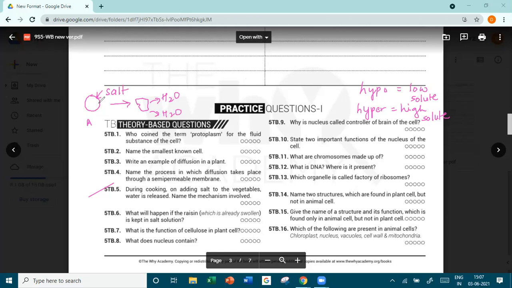Okay, so why does this happen? It is because you sprinkle salt on the pan. Suppose this is your pan, in which you have your vegetables, and you're trying to cook or fry them, whatever.